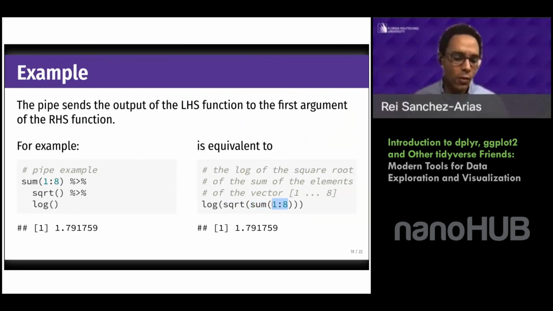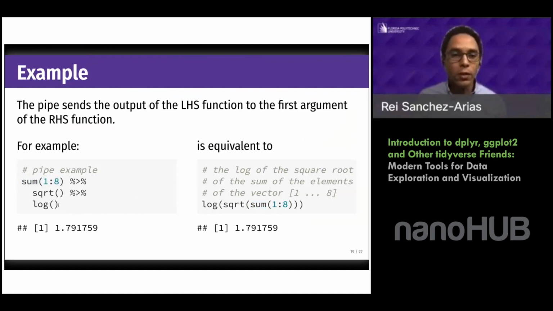If you do that, you're going to get 1.79. That's very convoluted, and you can do many more things, and there will be many very concatenated ones. An easier way may be to use the pipe operator, which says, hey, take the sum of 1 through 8, and then take the square root, and then take the log of that.